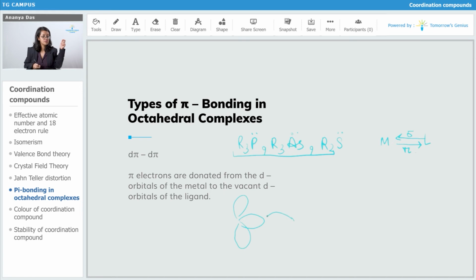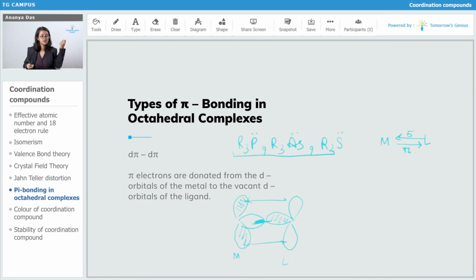First of all, a sigma bond is formed here. This is the ligand and this is the metal. This is the sigma bond, and the pi bond is formed from here. So in this pi bonding, the metal is donating to the ligand, and the ligand is also donating to the metal.